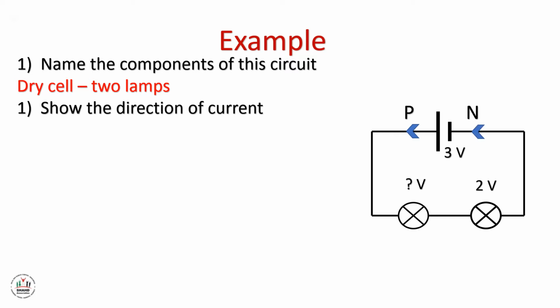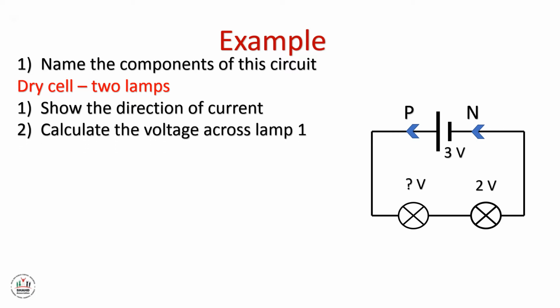The third question: calculate the voltage across lamp 1 if we are given the voltage across the dry cell, which is 3 volt, and the voltage across lamp 2 is 2 volt. The two lamps here are connected in series, so we can apply the law of addition of voltages.